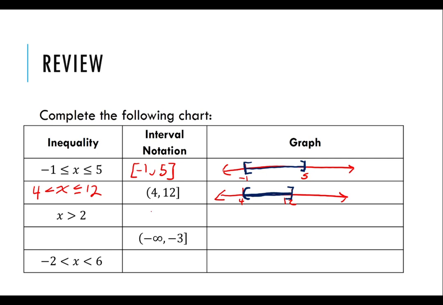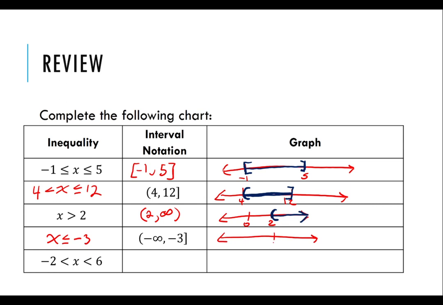x is greater than 2, that is not including 2, up to infinity. And so for our graph, give myself a 0 for reference, 2, that goes not including 2, and everything to the right. If it's from -infinity to -3, that is x is less than or equal to -3, because of the bracket, the equality is there.